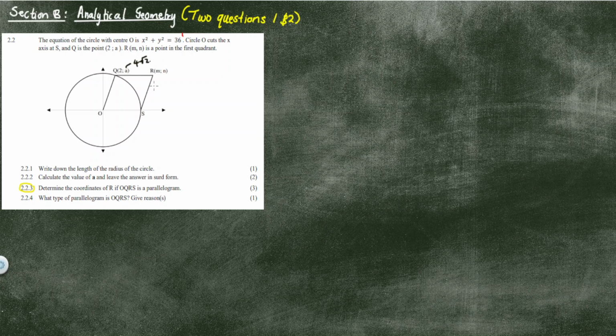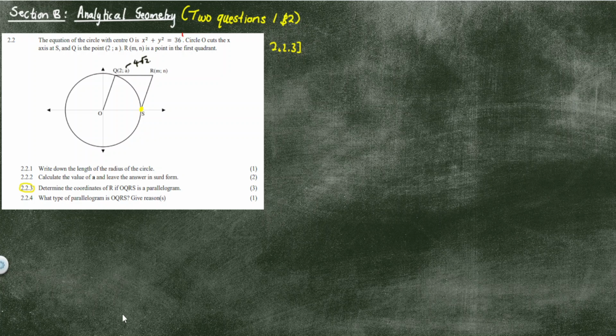So that's the coordinate A. Alright, that's coordinate A. So we come to 2.2.3. Determine the coordinates of R. So the first thing we're going to calculate is that coordinate S. You'll understand just why we want coordinate S.